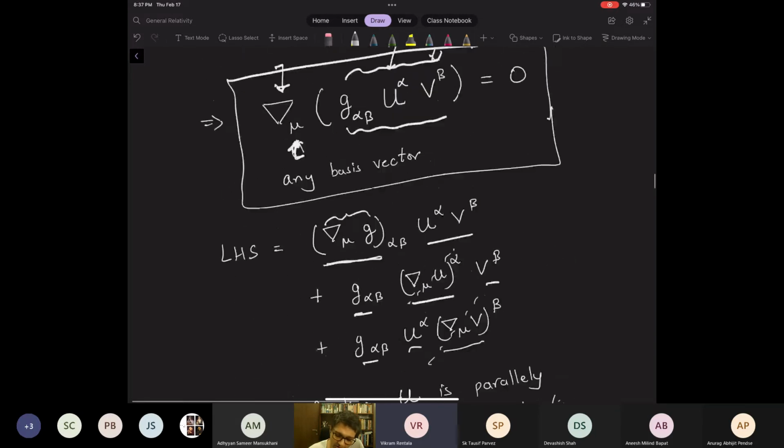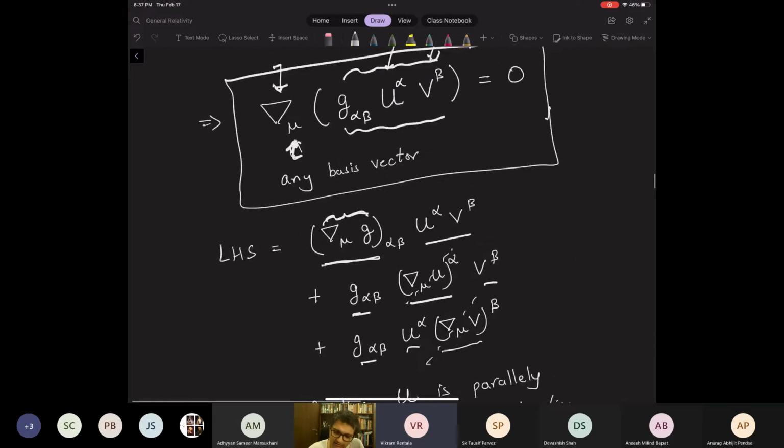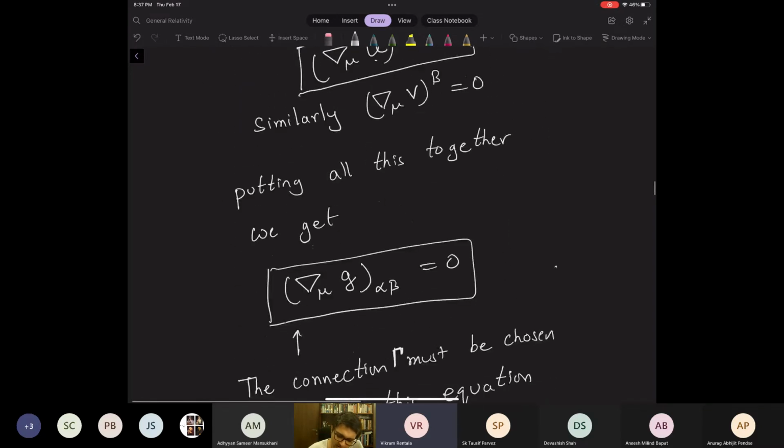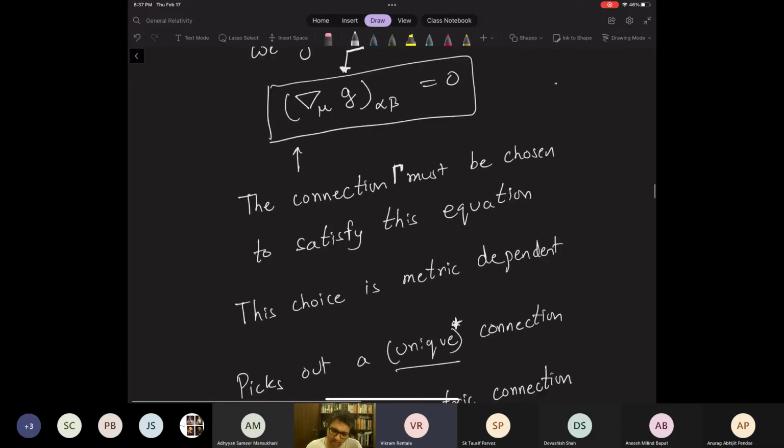The change in g along any direction is 0. That guarantees that the inner product will be preserved under parallel transport.